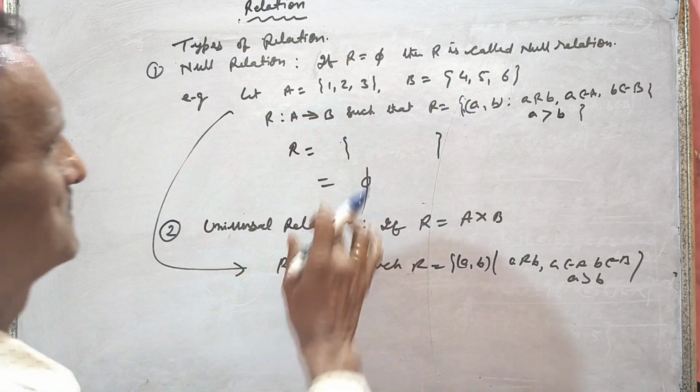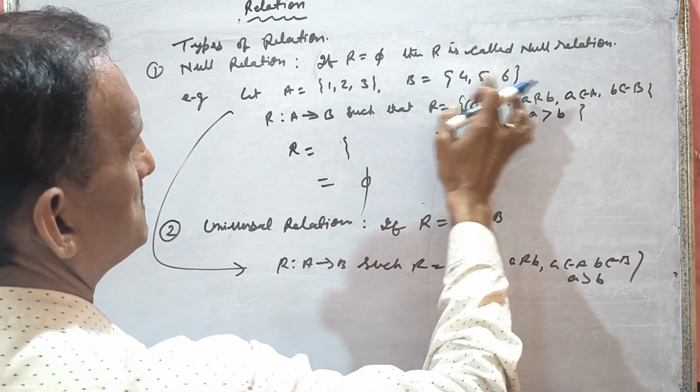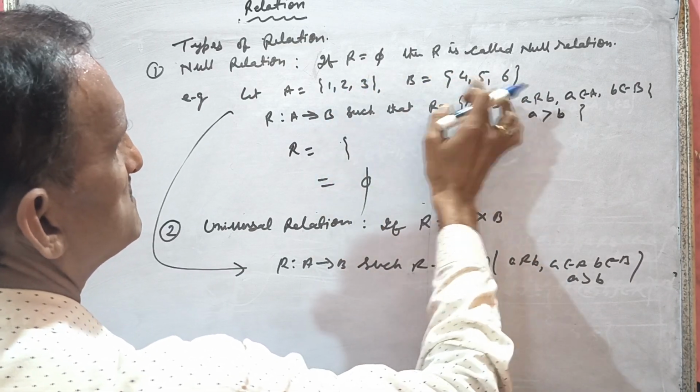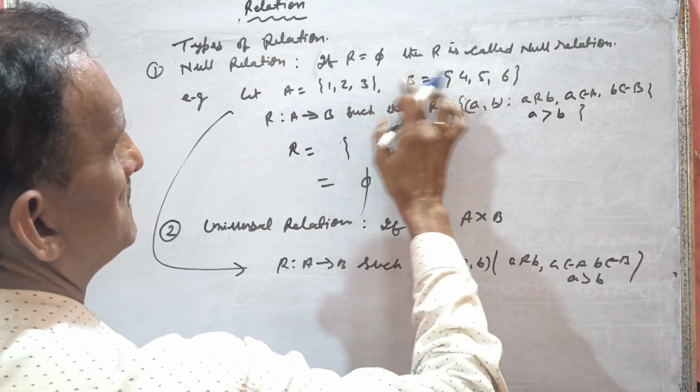So all ordered pairs: 1 2 3 4 5 6 7 8 9.